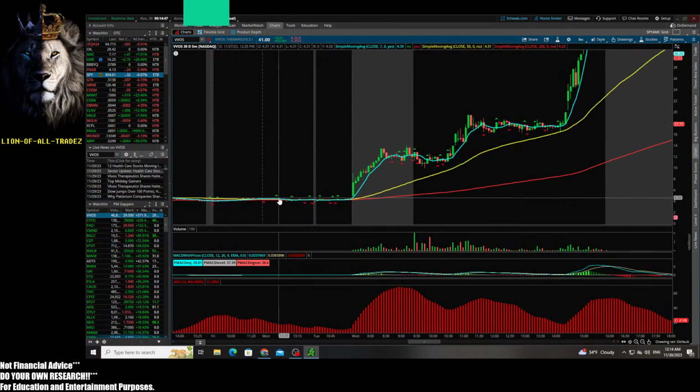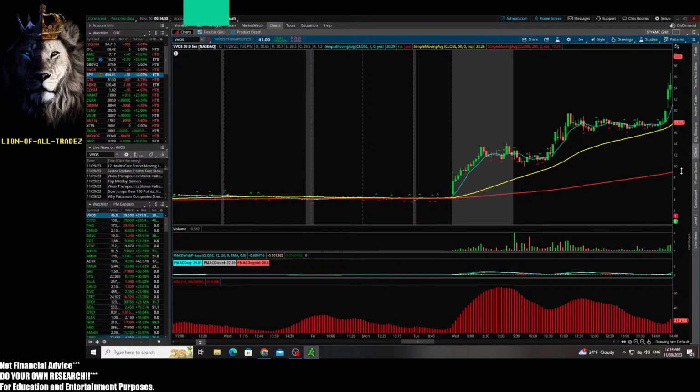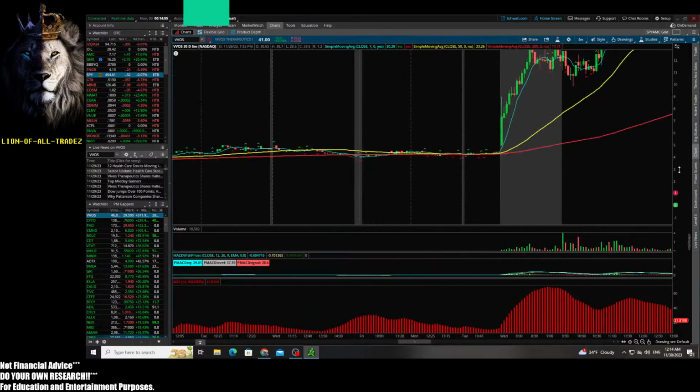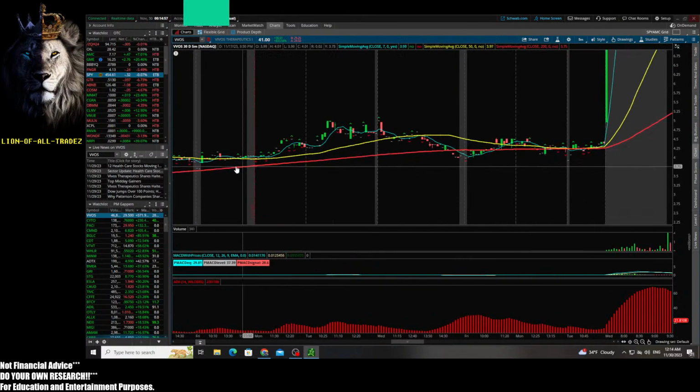This was trading at 430, 440 and change. It was pretty choppy along.